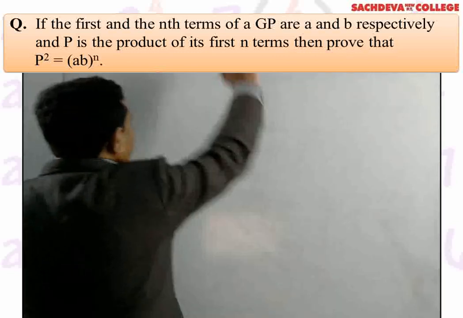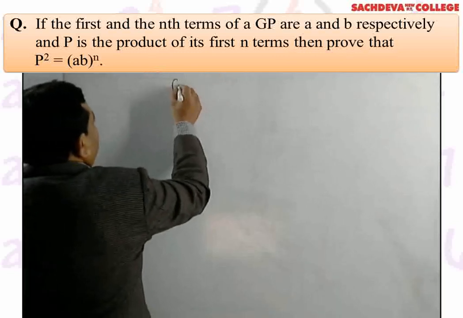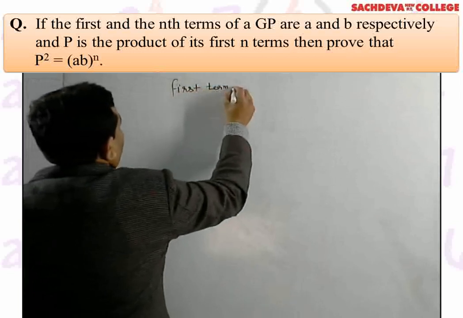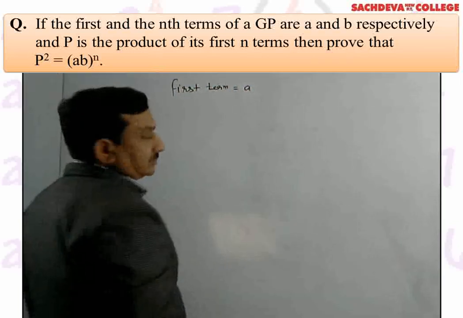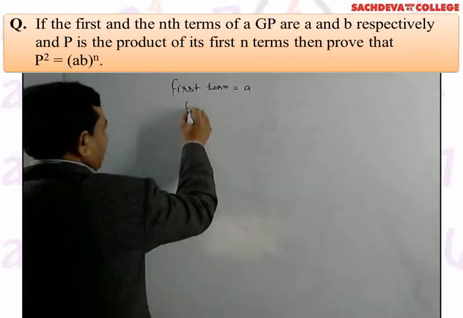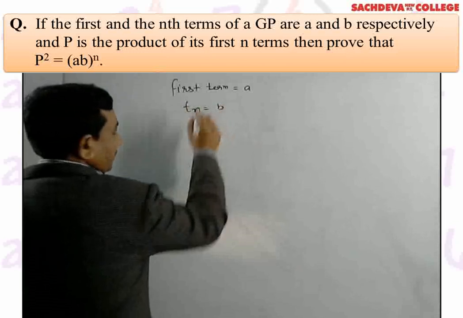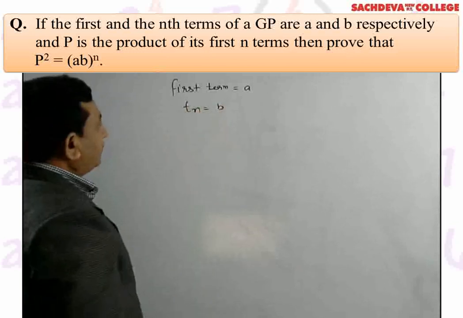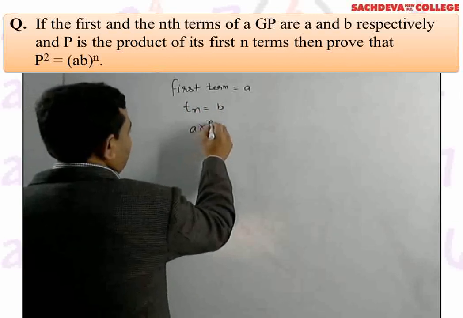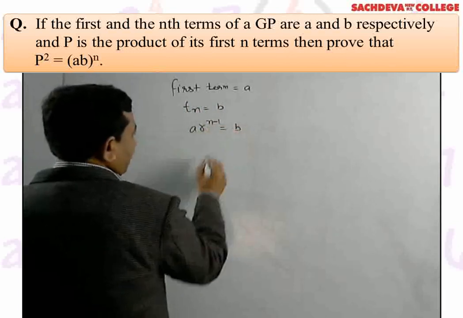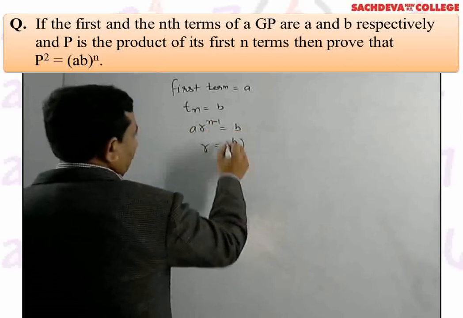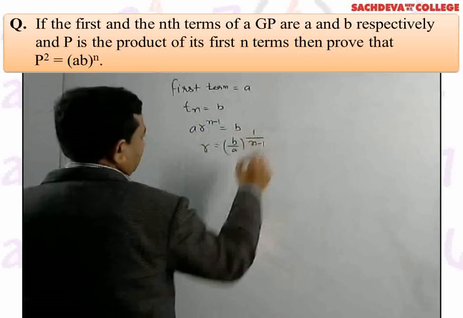So given that the first term is A and the nth term of the series Tn is equal to B. But we know that the nth term of a GP is AR to the power n minus 1, or this is B. So R will be equal to (B upon A) to the power 1 upon n minus 1.